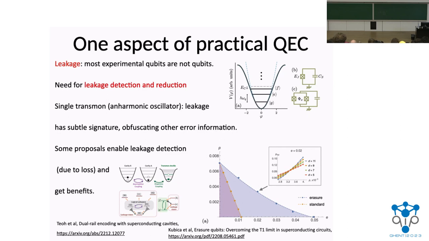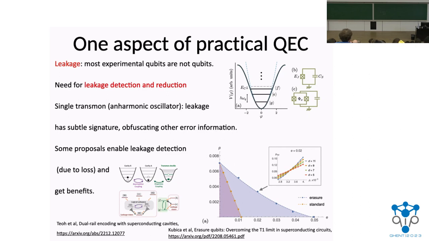So if there is a good way of measuring the joint parity, in the code space it must be odd, and if you leak to 0-0, it must be even. Then you could be detecting this, if let's say this is the dominant source of noise. And then assuming you can just re-prepare a state in this subspace of 10 and 01, you could be passing that information about leakage detection onto your decoder.